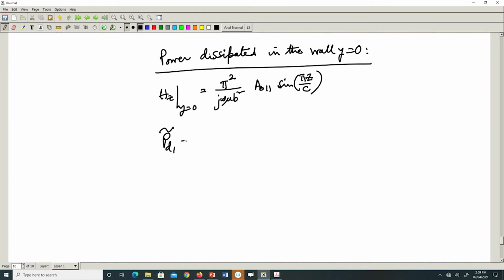and P d 1 tilde is given by R integral 0 to c, 0 to a, mod hz square dx dz.